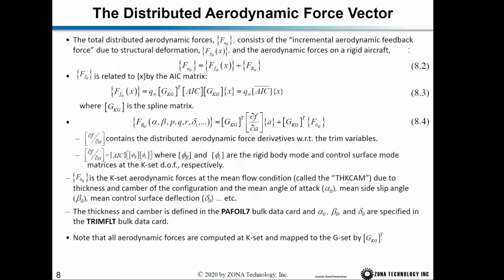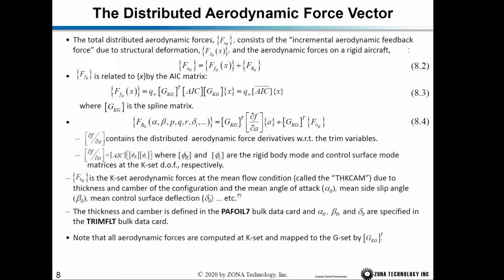F naught K is the K-set aerodynamic forces at the mean flow condition. It is caused by the thickness and camber of the configuration, and the mean angle of attack alpha naught, mean side slip angle beta naught, and mean control surface deflection delta naught.